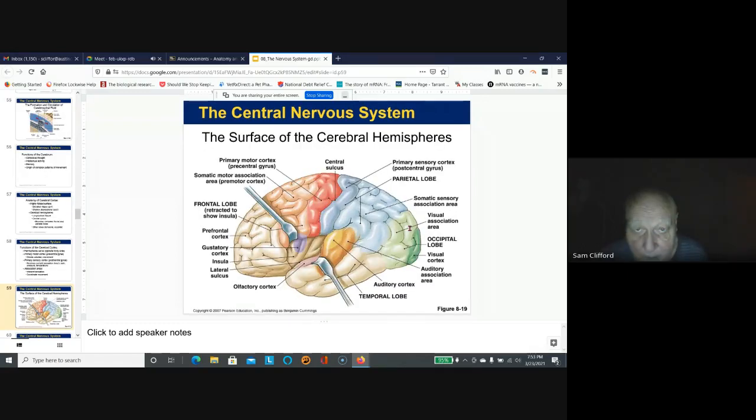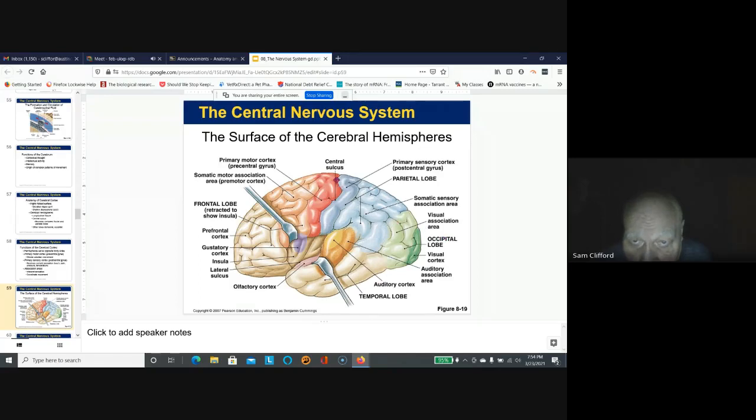So if we look at a picture of the brain, we have all the areas of the cerebral hemispheres: the frontal lobe, the parietal lobe, the temporal lobe, and the occipital lobe.